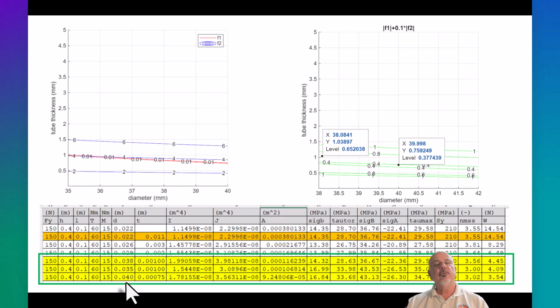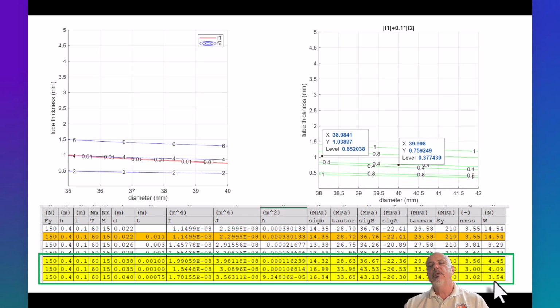And then the very last one I did was 40. I looked at 40 and then about 0.75 millimeters, which is 750 microns. So that kind of level. And I'm riding this valley in the objective function.